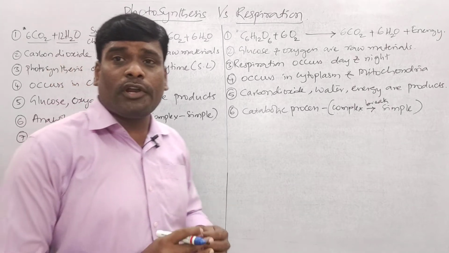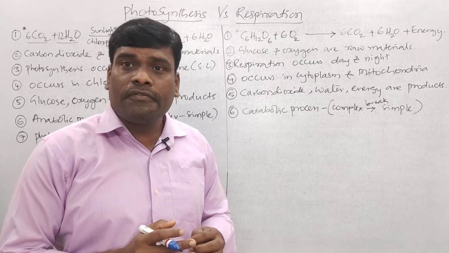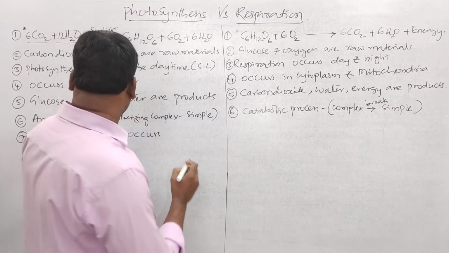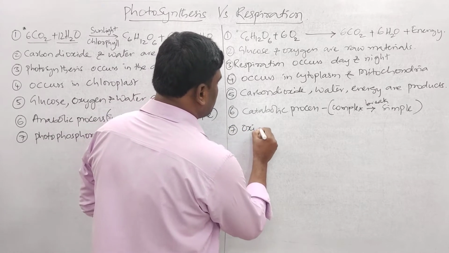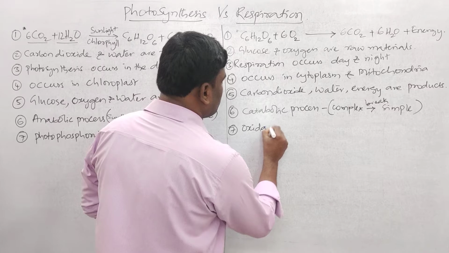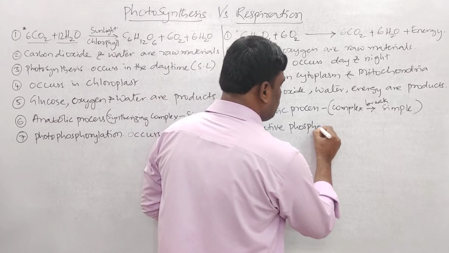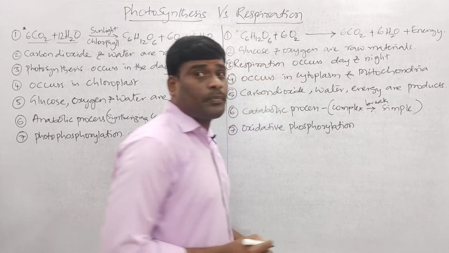That means ATP molecules are formed because of utilization of light, that is sunlight. Then what about this respiration process? Here oxidative phosphorylation. So this already we have seen in the steps of respiration, isn't it?